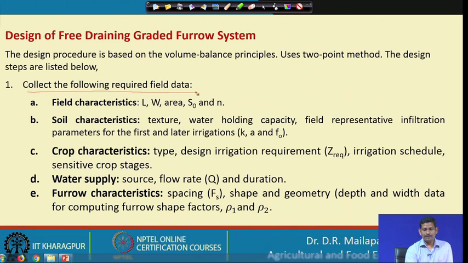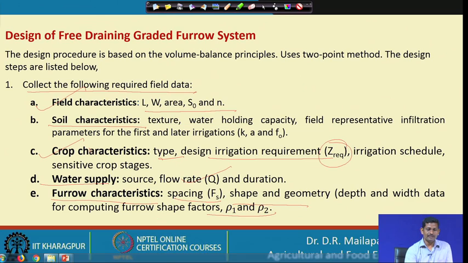In this case, the first thing is to collect the required field data and field characteristics: all field information like length, width, area, slope and Manning's n, soil characteristics like texture, water holding capacity and all other things, the type of crop, design irrigation requirement, which is very important, and water supply. What is the total water supply available, and furrow characteristics like spacing, bed to bed spacing, shape, and shape parameters.